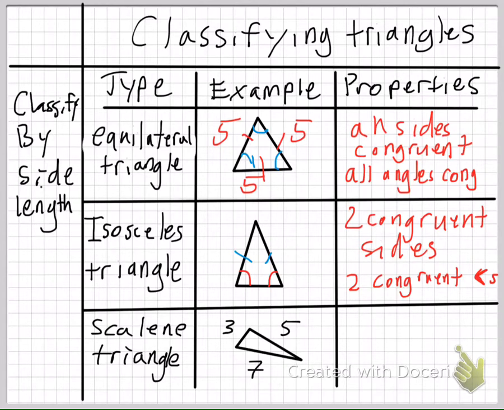So no sides congruent. And I also have no angles congruent. So those are the three ways which we can classify triangles by their side length.